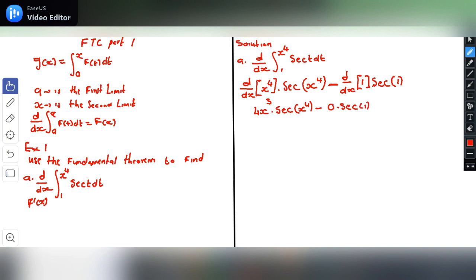So we know that any number which we multiply with 0 is going to give us 0. So it means our answer is going to be 4x cubed multiplied by the secant of x to the power of 4. This is how we solve the first question of the fundamental theorem of calculus part 1.